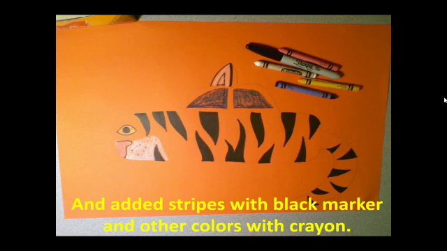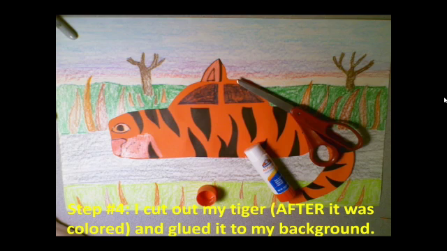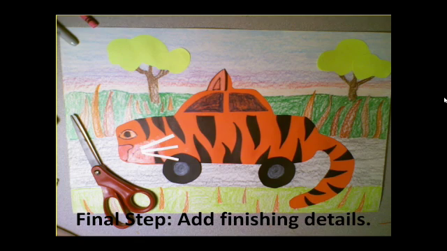Then I added stripes with black marker and some other colors around the face and ears, the eye, windows with crayon. Step 4, I cut out my tiger after it was colored. I colored it first and glued it to my background. My final step was adding some finishing details.